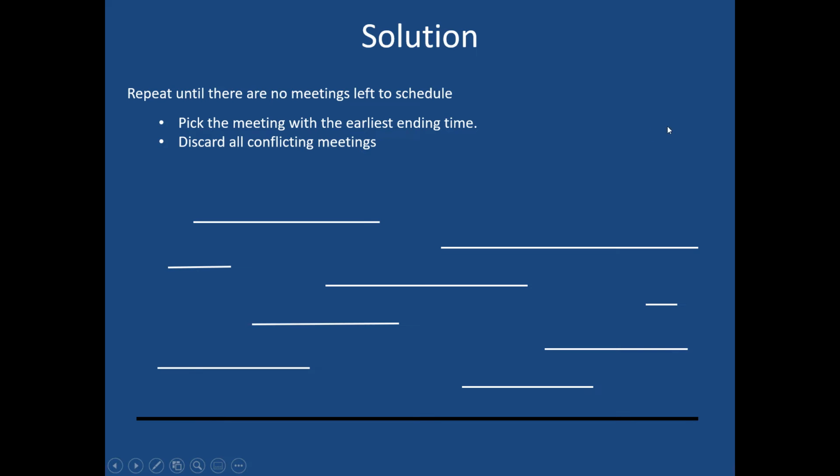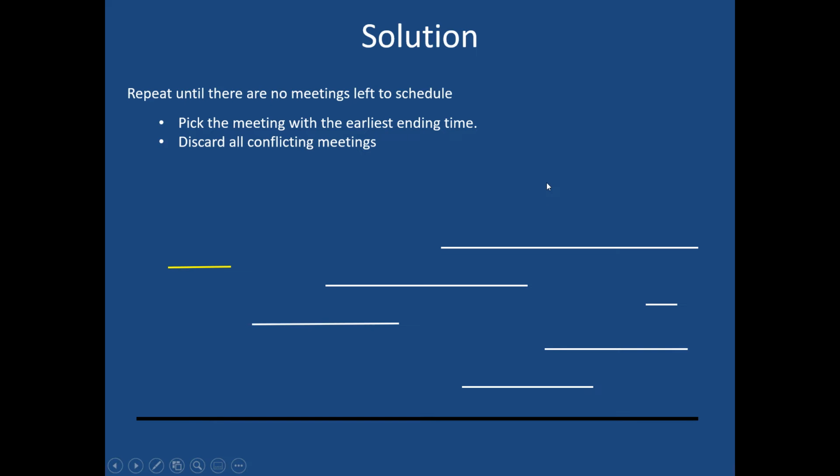Which meeting has the earliest ending time? This guy right here. Now, is it obvious to all of you that this works? Because it's not obvious to me. It never has been. I believe it, but it is definitely not the thing that would have come to mind. It wouldn't have been my first choice for a greedy strategy. So we'll pick this and we'll eliminate all the conflicting meetings, those there, and then we repeat.